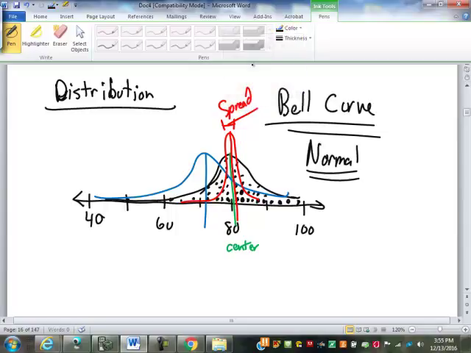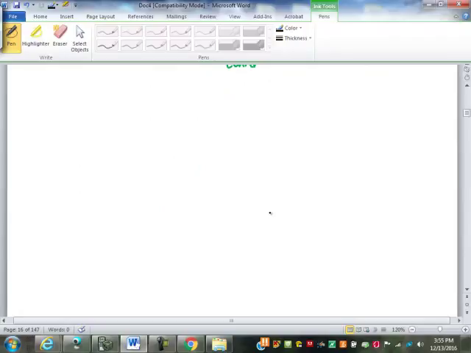So let's start out talking about the center. To talk about center, I'm going to put a list of numbers over here that we're going to use. And it's just going to be a small list. So here's my list.